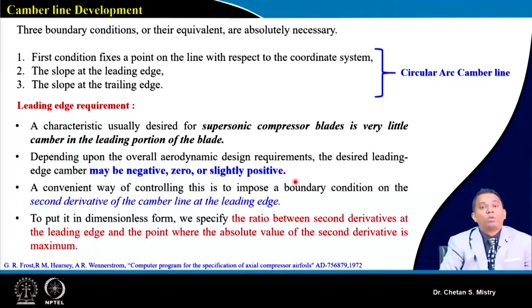In order to have that camber, we need another boundary condition: the second derivative of the camber line at the leading edge. To achieve that, the ratio between the second derivative at the leading edge and the point where the absolute value of the second derivative is maximum will be considered as a boundary condition. So this will be my fourth boundary condition.